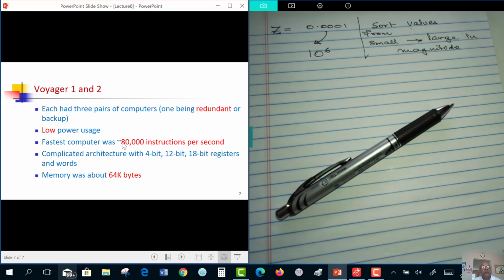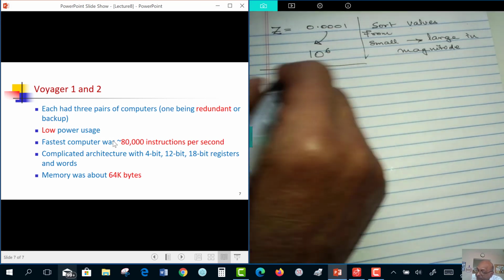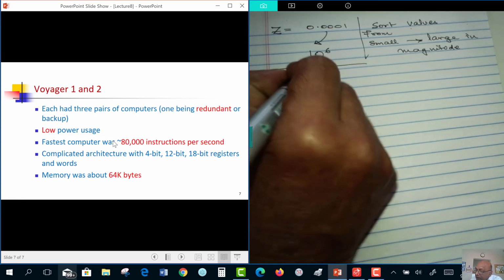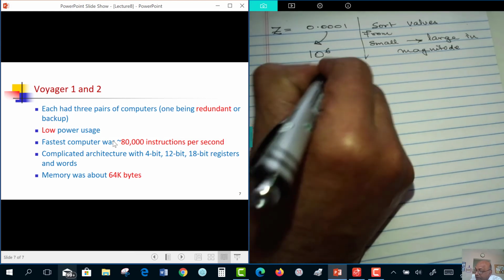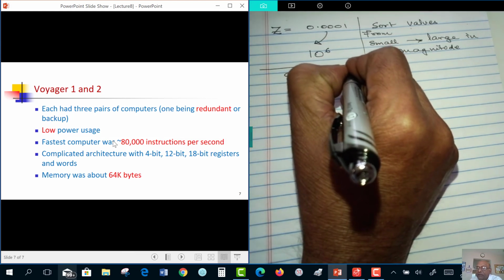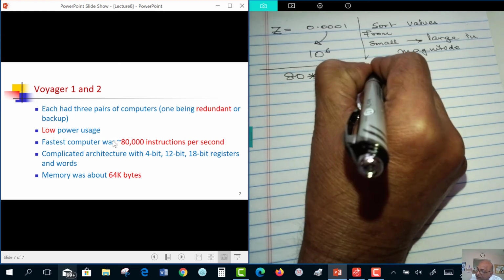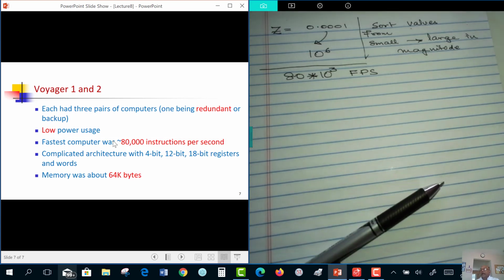Their fastest computer was only 80,000 instructions per second. That's 80 times 10 to the power 3, and we call this floating point operations per second. So this is a very, very slow microprocessor.